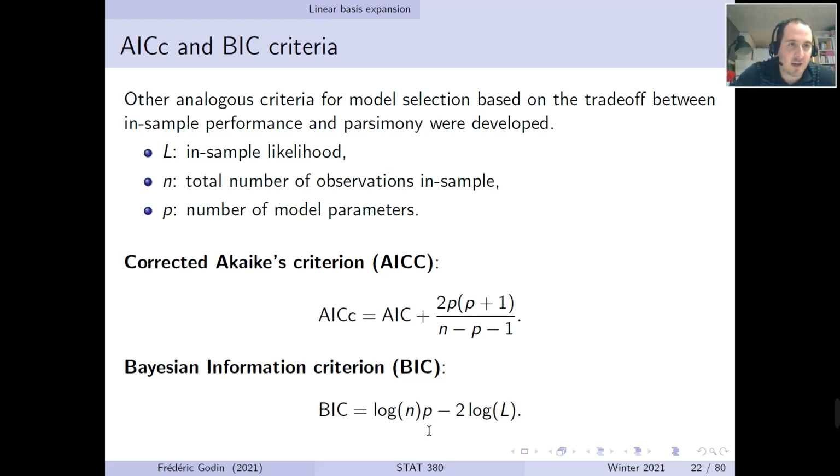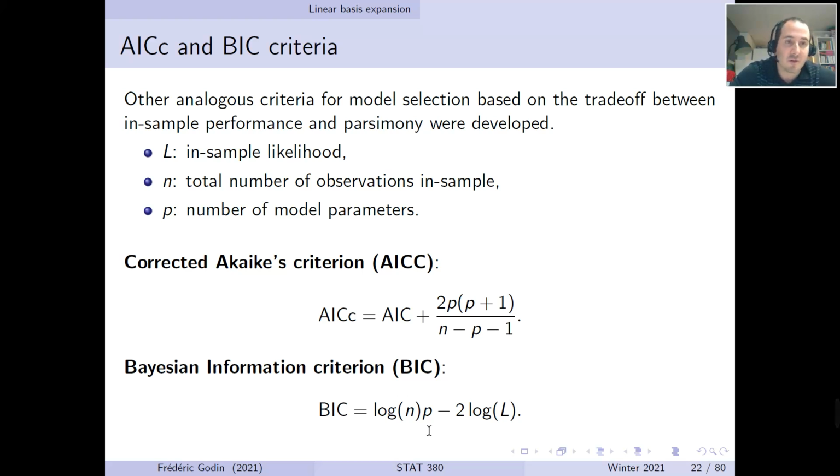Okay, so now which one to use in practice? Is it better to use the AIC, AICC, BIC? Well, personally, I find it's very subjective. All these criteria have some theoretical underlying justification, which we won't review here, as this is out of scope. But nevertheless, we see that there are different penalties assigned to parsimony.